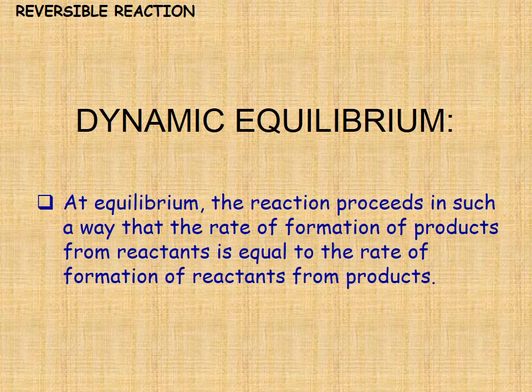In fact, at this stage, the reaction proceeds in such a way that the rate of formation of products from reactants is equal to the rate of formation of reactants from products. This is called dynamic equilibrium.